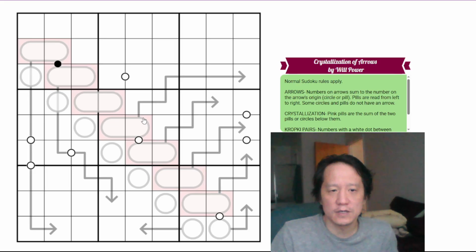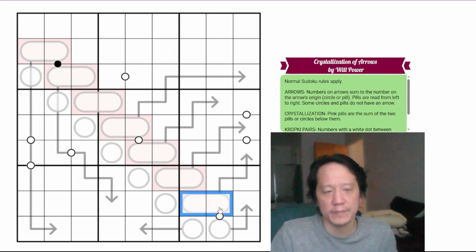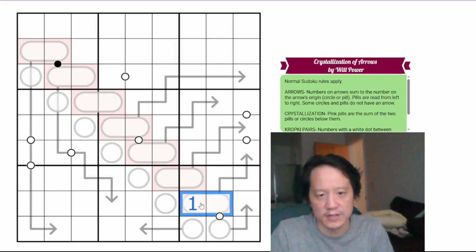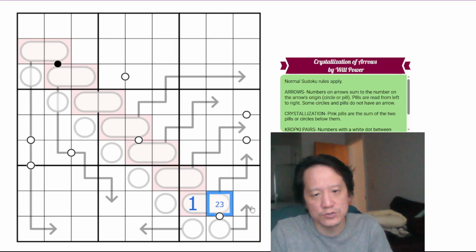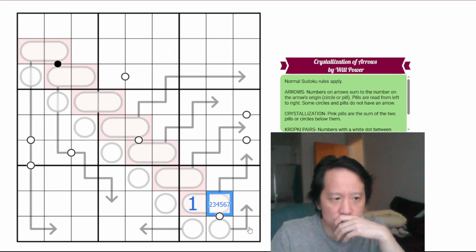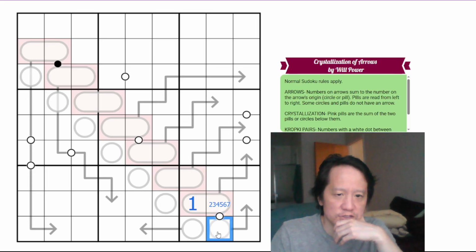Let's go. Okay. The sum of two circles or two digits will always be at most 17. So this is 1, definitely, as a two-digit number. And we don't know what this is. So this is 2 through 7. Oh, this is consecutive with this digit.